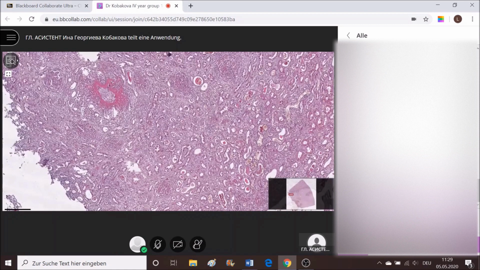How do you think? Both, yes, because it's due to autoimmune reaction, deposition of immunoglobulins, and affecting the same structures and different glomeruli in both of the kidneys.